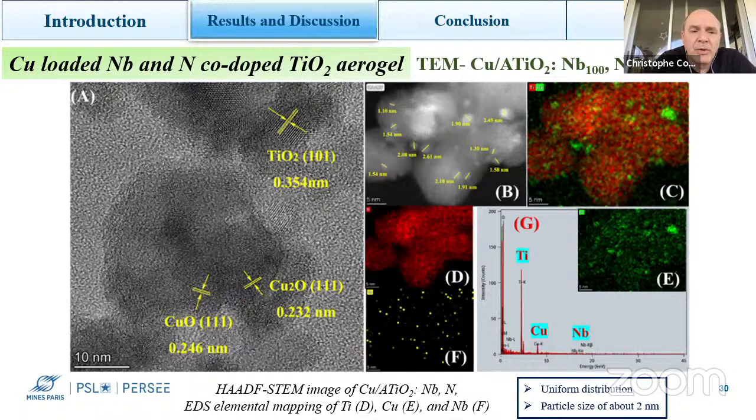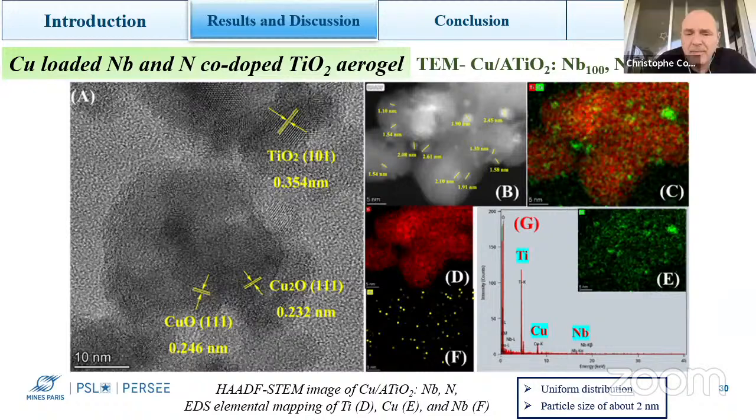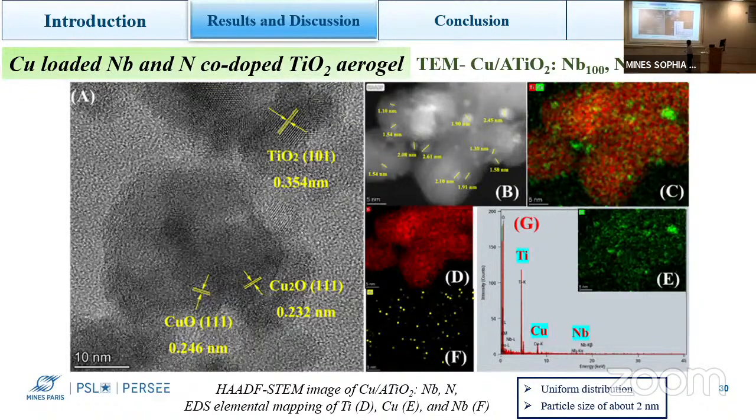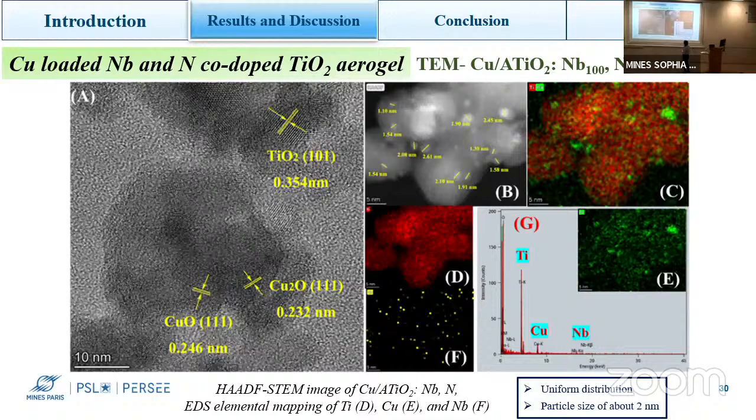Is there no more copper? For copper, it's mostly that. Others are going to be metal copper 0. But from what we observed from TEM, I didn't see the thin lattice of copper 0. It's going to be really, really thin compared with the oxide, but I didn't see it from TEM.